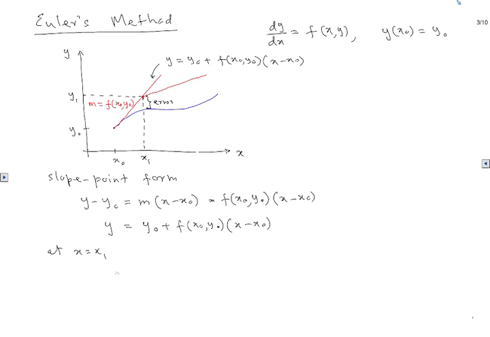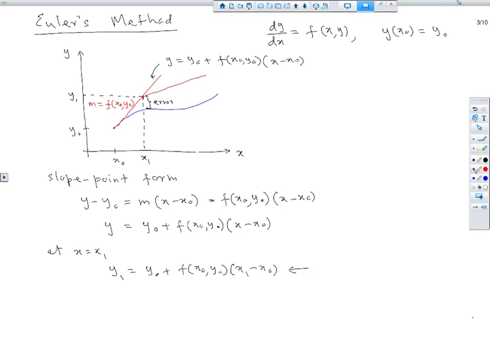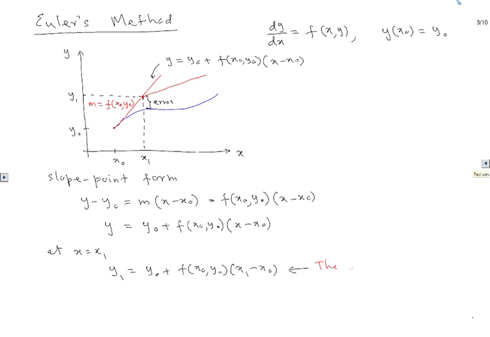At x equal x1, we have y1 equal y0 plus f(x0, y0) times (x1 minus x0). This is the first approximation. So now what we can do is use the new approximated value.